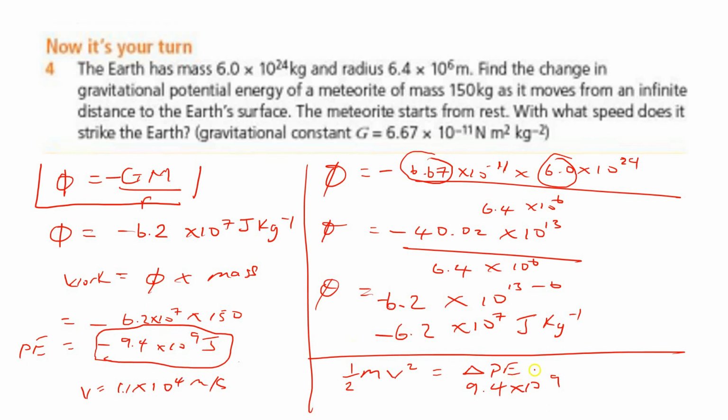Whatever I'm losing is going to equal the amount of kinetic energy the system is gaining. So change in potential energy is equal to change in kinetic energy, and for that reason I could equate these values to ultimately find the speed of the object. You can try it for yourself and let's see what answers you come up with. You should be getting something of that nature. So that's where we're going to stop for this lesson.